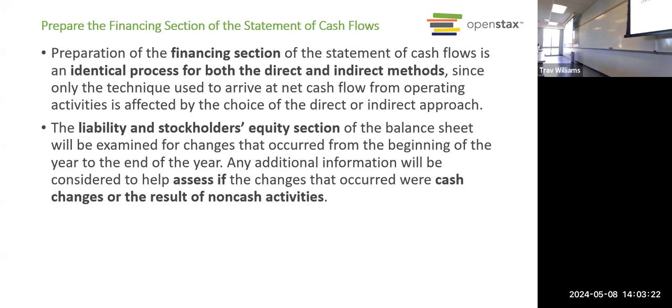Okay, the financing section. Again, there's no direct or indirect method. There's only one way to do the financing section. And the financing section is everything related to loans, issuing bonds, issuing stock, and anything related, including paying dividends, paying interest on the loans, all of that would go under the financing section.